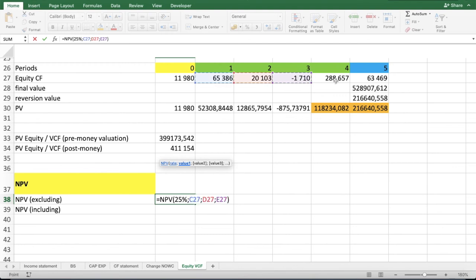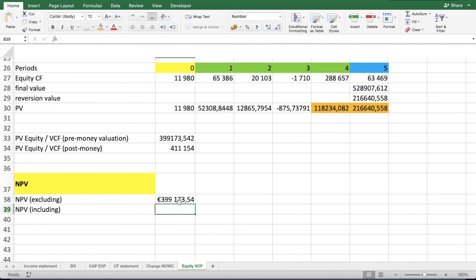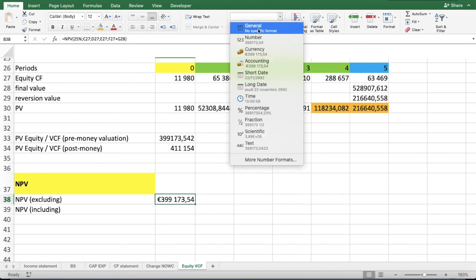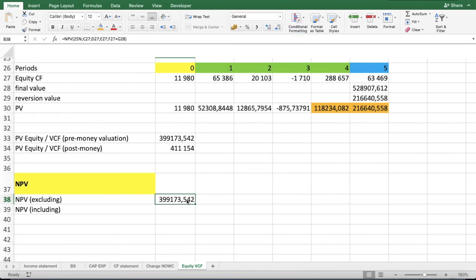Now for the fourth cash flow, remember we have two cash flows. We have this one plus this one. All right. And we have the NPV, which is equal to C, present value equity.